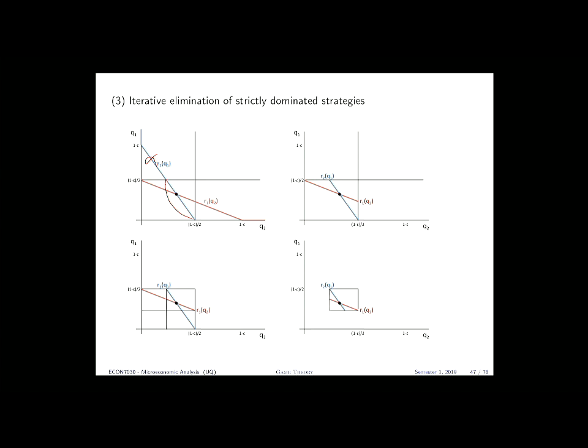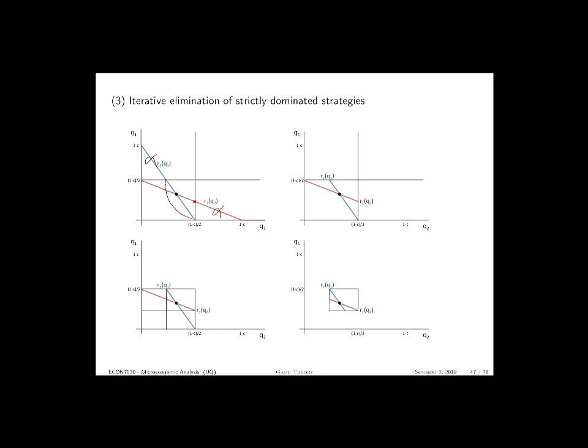The same thing is true for the other firm. I could start this argument from this firm, which was a bit easier, but the same is true here. We can say these points are strictly dominated by these points. Or I mean, it's better to say this point. But anyway, when they are all strictly dominated, you can eliminate them.